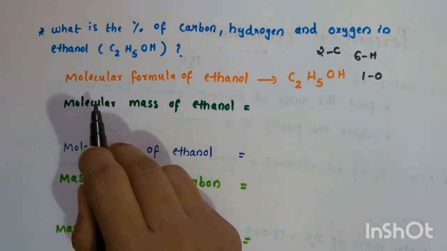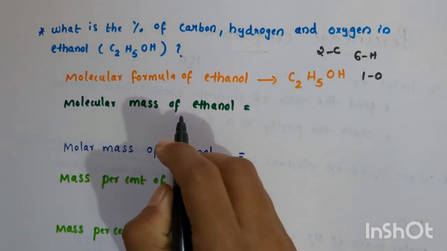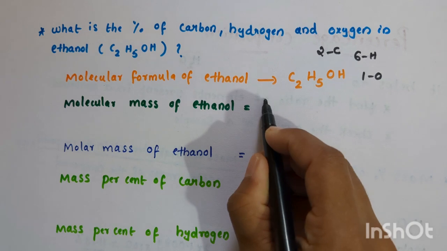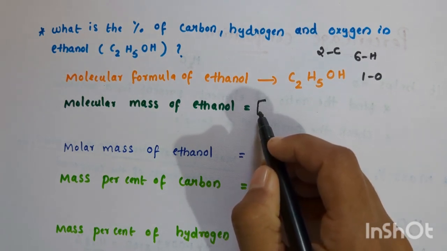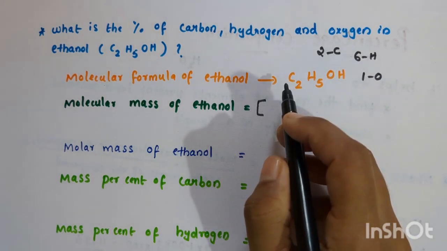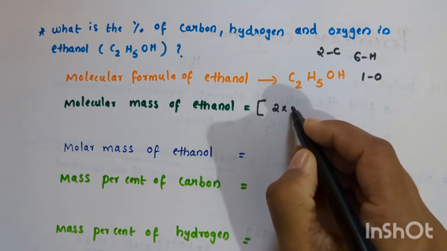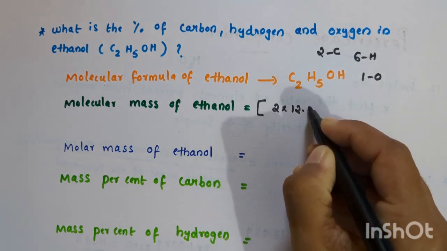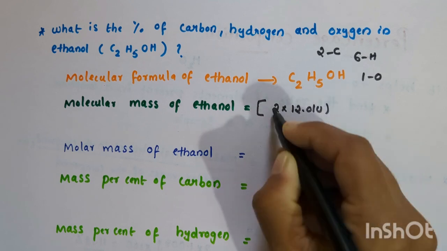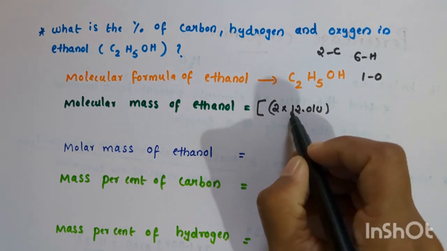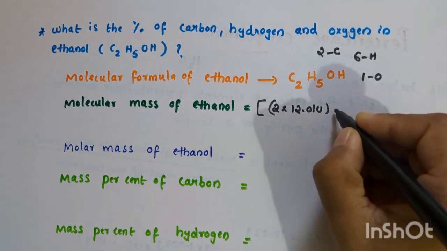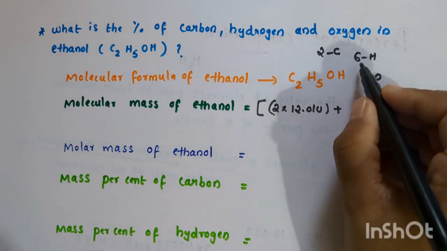Now, what about the molecular mass of ethanol? How will it be calculated? There are 2 carbon atoms, and for 1 carbon the mass is 12.01 U, so for 2 carbons it will be 2 into 12.01 U, plus 6 hydrogen.